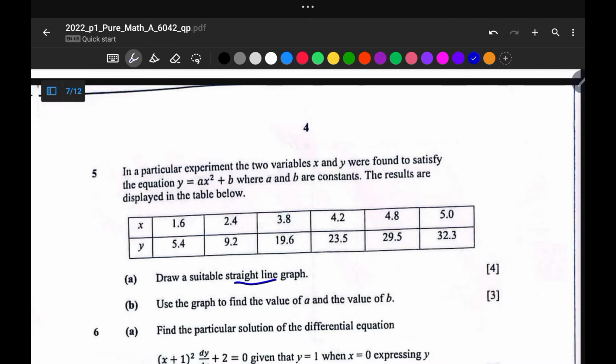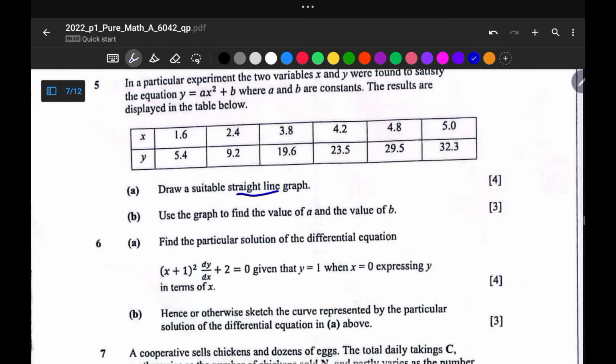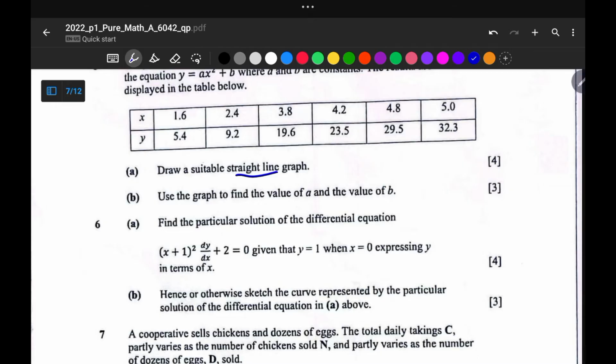And let us move on to question number 6, which says find the particular solution of the differential equation (x plus 1) squared dy by dx plus 2 equals 0, given that y is equal to 1 when x is equal to 0, and we are also required to express y solely in terms of x.